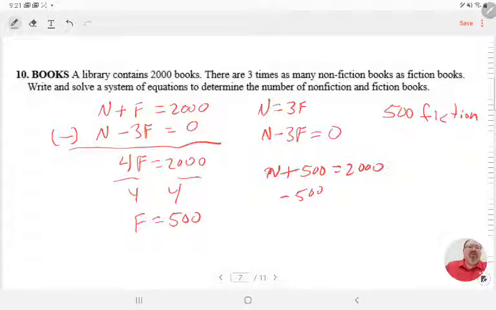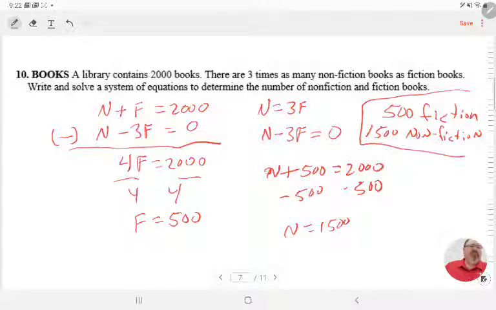Subtract 500. And my N equals 1,500. Ooh, that's 15,000, a little too much. So 1,500 nonfiction. Okay? And you'll see that's 3 times as many. All right.